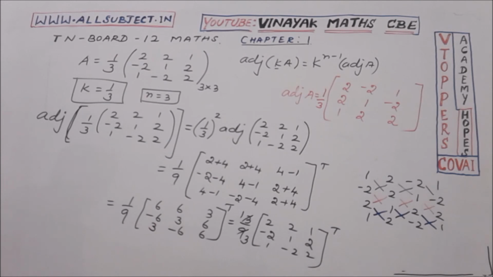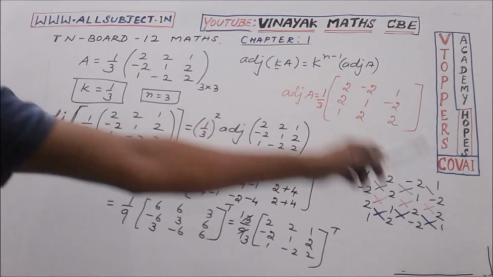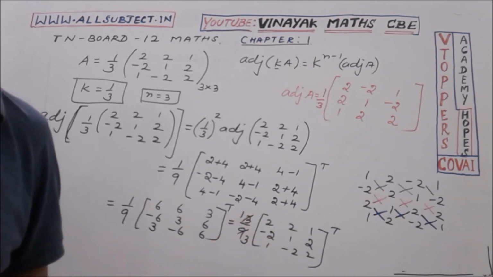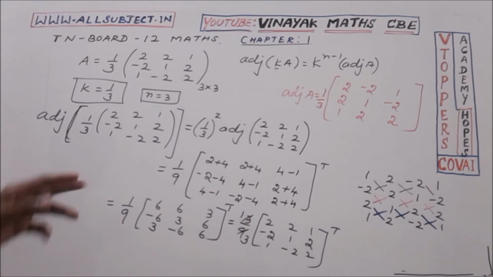The answer is 1 by 3 into 2, minus 2, 1, 2, 1, minus 2, 1, 2, 2. That's all. This is the third subdivision, the first problem.